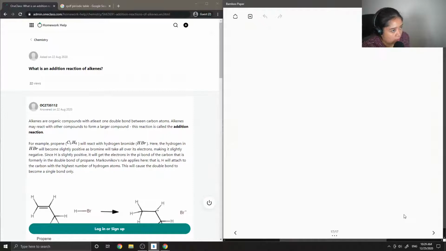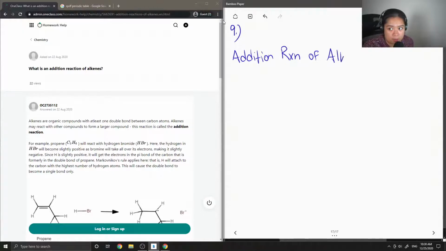Okay, so question number 9. What is an addition reaction of alkenes? Okay, so addition reaction of alkenes.